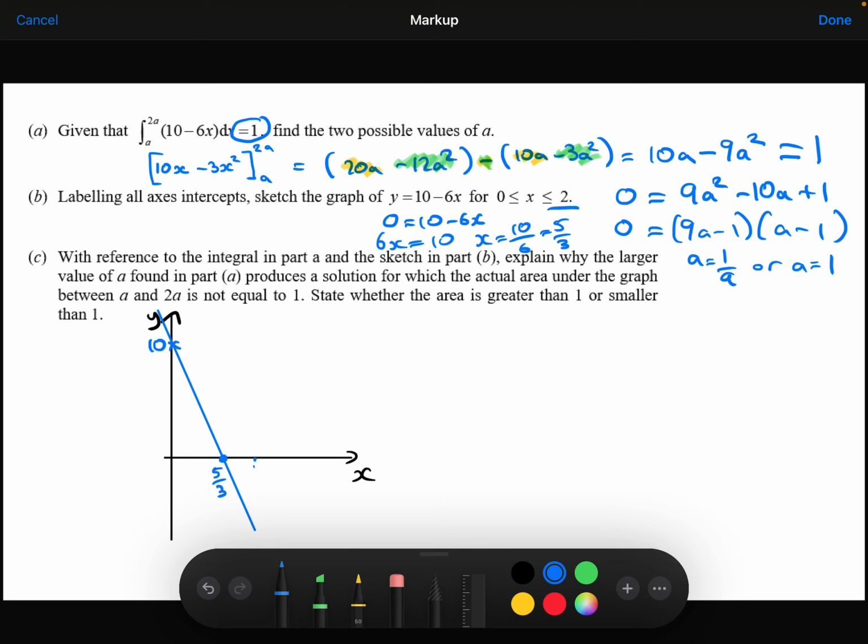So if x was 2 here, and x is 0 there, then yeah, I have drawn the graph of y equals 10 minus 6x between 0 and 2.